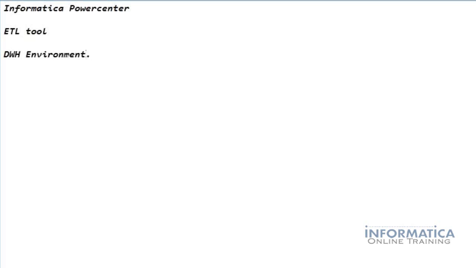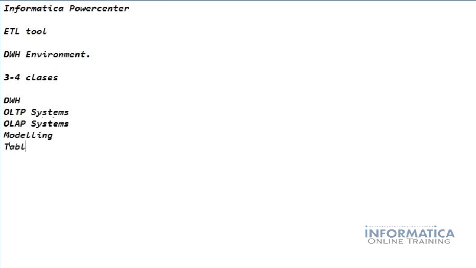right? So since we are entering into the data warehousing environment, I'm going to cover all the data warehousing concepts for the first 3 to 4 classes. Yes. So we are going to understand what is a data warehouse, what is an OLTP system, what is an OLAP system, right? So what kind of modeling do we use here?